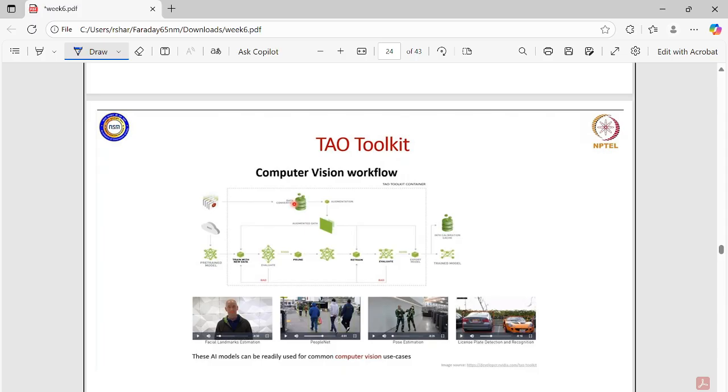Now we require minimal coding and we have built-in support for multiple AI tasks and an automated training pipeline for training, optimization, and deployment. It also leverages NVIDIA hardware acceleration. Okay, so what is NVIDIA TAO? It's a toolkit developed by NVIDIA.